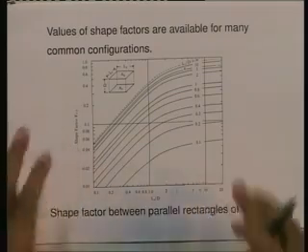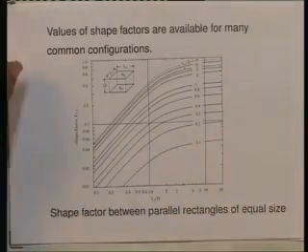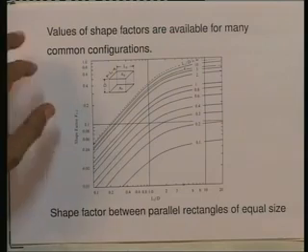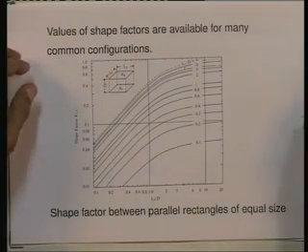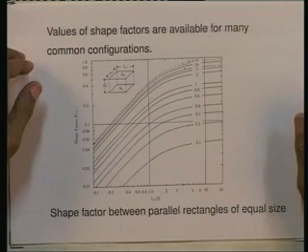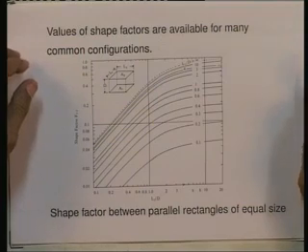Now, this figure, it is a little small, so let me explain it. It is a figure which shows the shape factor between two parallel rectangles of equal size. The shape factor between two parallel rectangles of equal size. Since it is not so clear, let me draw it again.